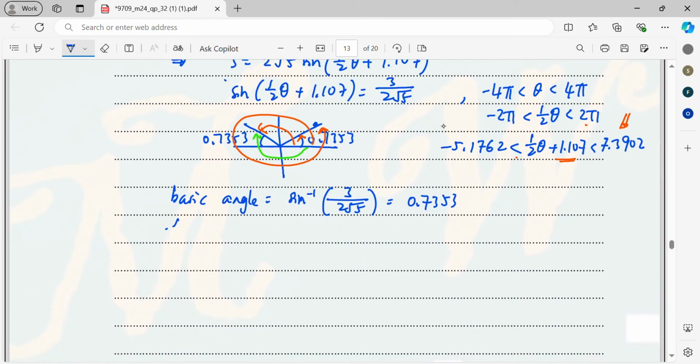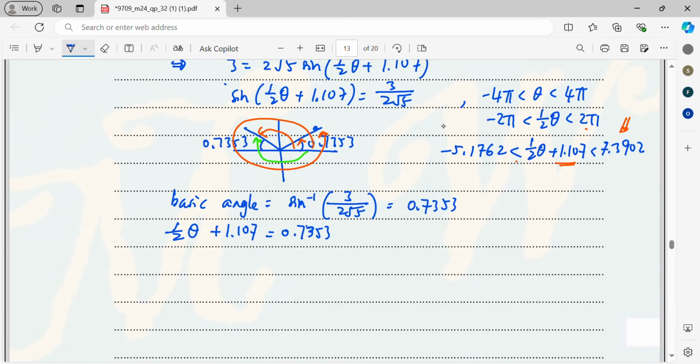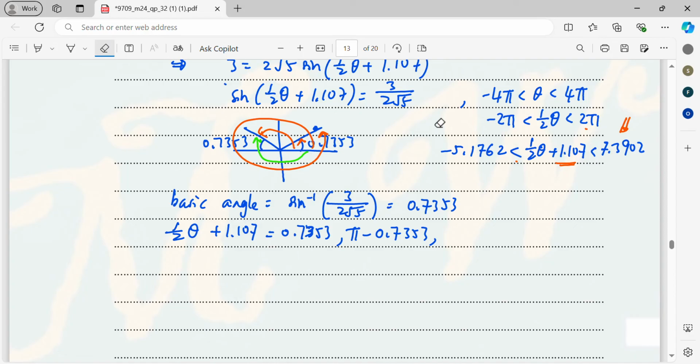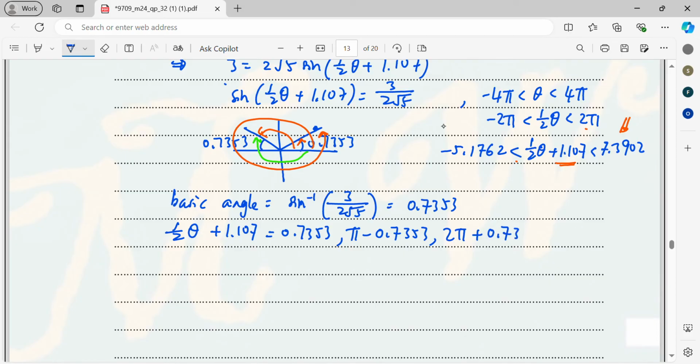So from here, half theta plus 1.107 is basically 0.7353 as the first angle, and then pi minus 0.7353 is my second angle. My third angle is the greatest angle, that means 2 pi plus 0.7353. Then the next angle is the green color, that is negative of pi plus 0.7353.